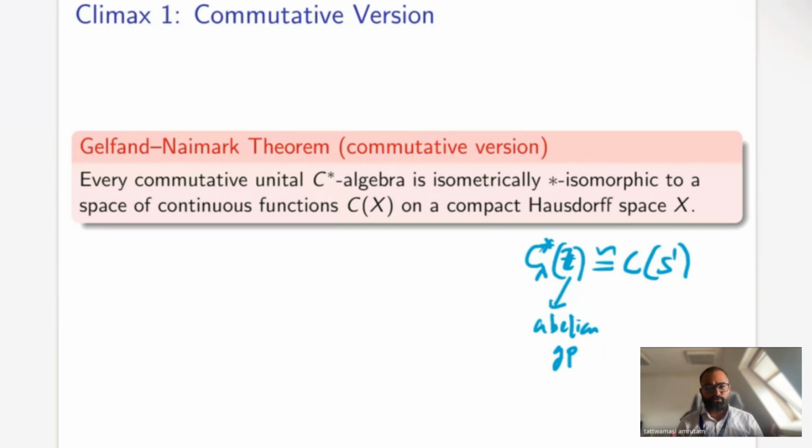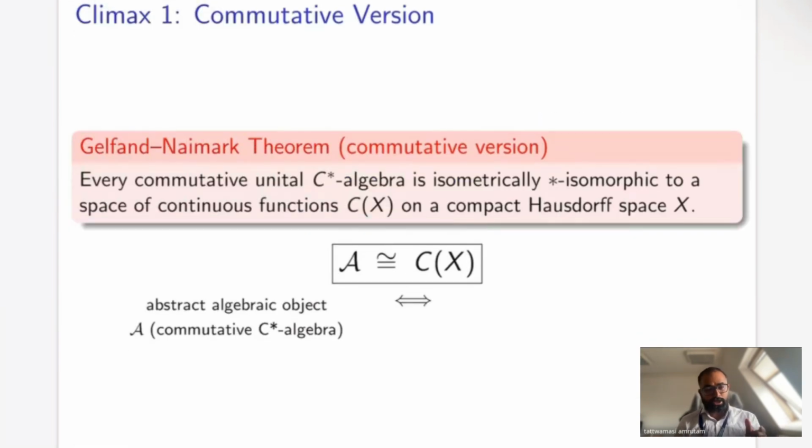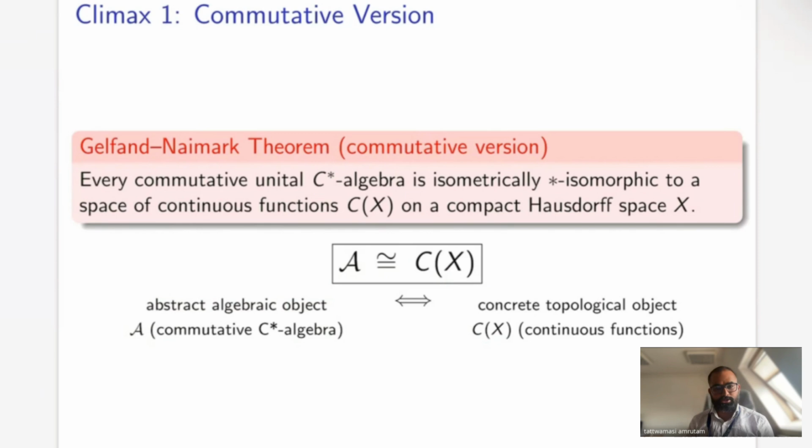And this is not some fluke. This is one of the famous theorems of Gelfand and Naimark, which says that if you take a unital C-star algebra which is commutative, then it must be continuous functions on some space somewhere, and that's it. So this is the formal isomorphism. We have an abstract commutative C-star algebra on the left-hand side, and on the right-hand side, a concrete topological object, continuous functions on some space.